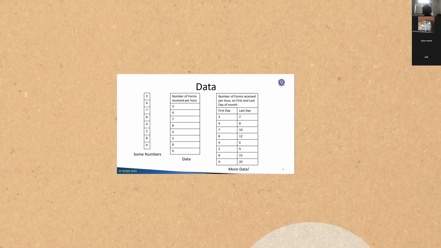I will say that the average on the first day is far lower than the average on the last day. That means there is a rush on the last day of the month. People are working hard towards the end of the month compared to the beginning.